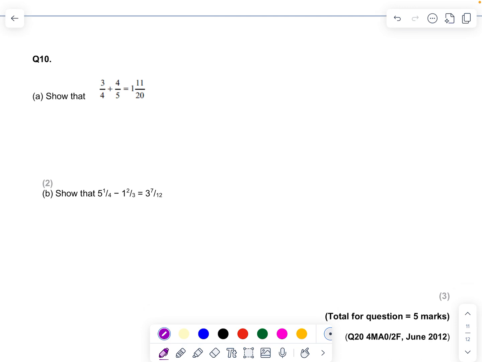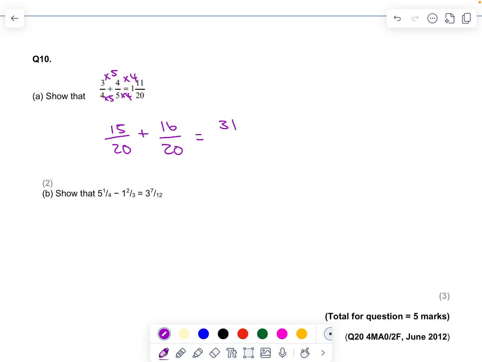Okay, show that question. I'm afraid you have to show all your working out, or you cannot get the full 5 marks allowed for these 2 questions. So we're going to make both denominators 20. So I'm going to multiply top and bottom of the first fraction by 5 to give me 15 over 20, plus, I multiply top and bottom of the second fraction by 4 to give me 16 over 20.